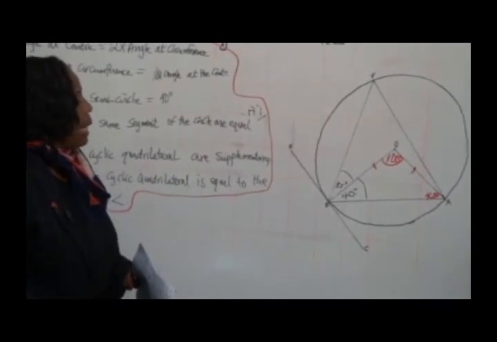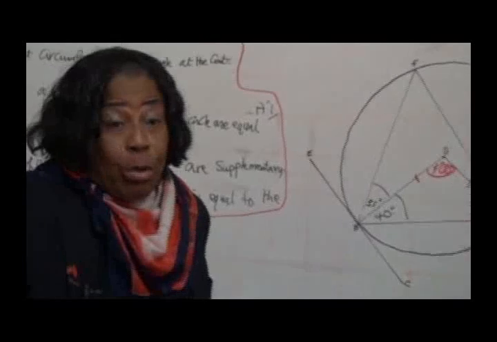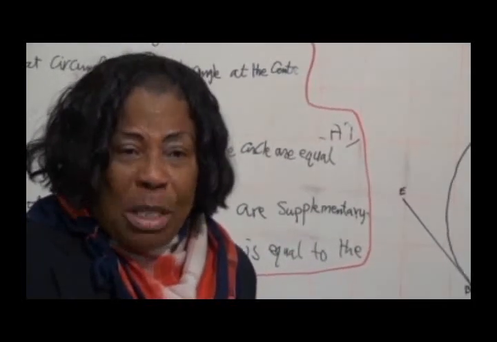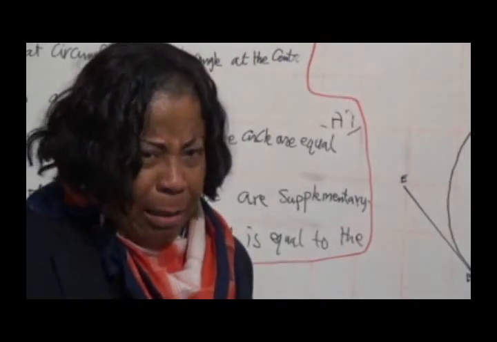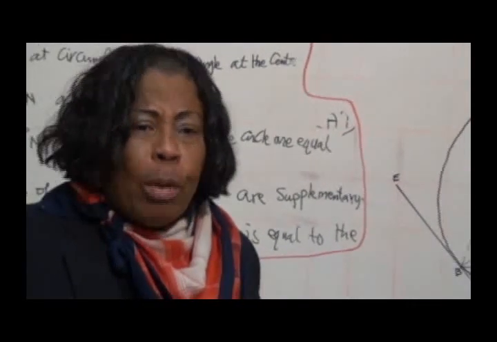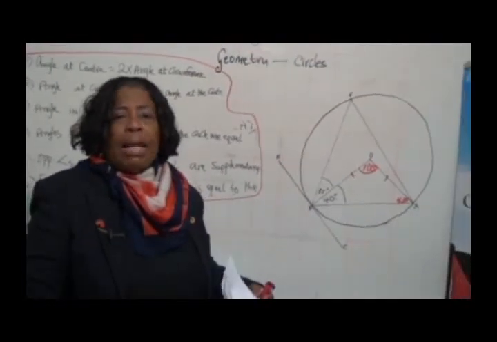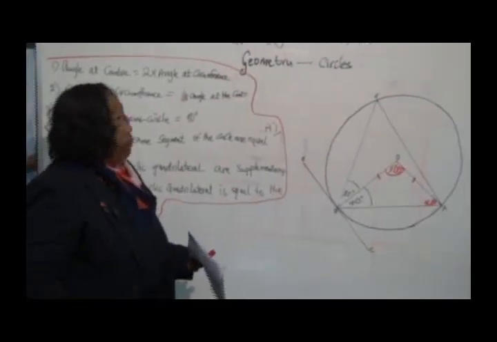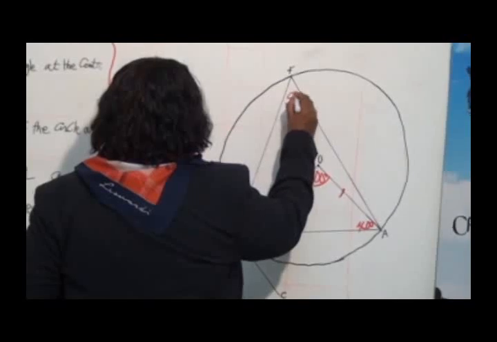And to my primary school students, if we're saying half of something, what are we doing? We're dividing by 2. That is right. And when we divide 100 by 2, the answer is 50. So this would be 50 degrees.